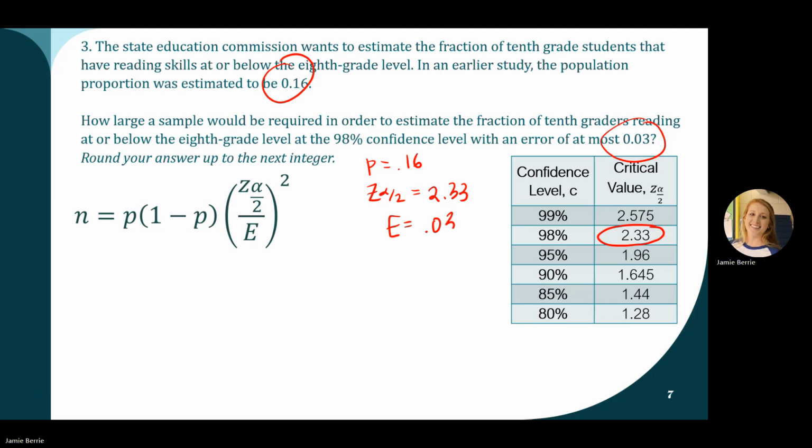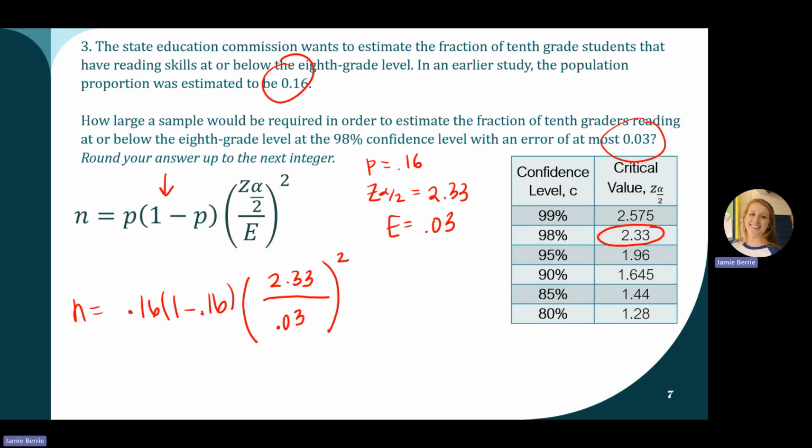So let's plug those numbers in. N equals 0.16 times 1 minus 0.16. Again, I'm just looking at this formula and plugging in my values. Then another parentheses. My critical value goes in the top, margin of error goes in the bottom. All that's getting squared.